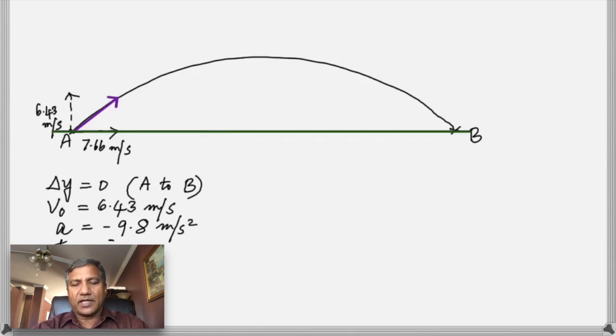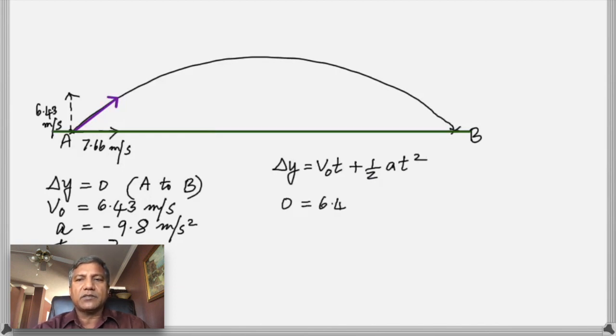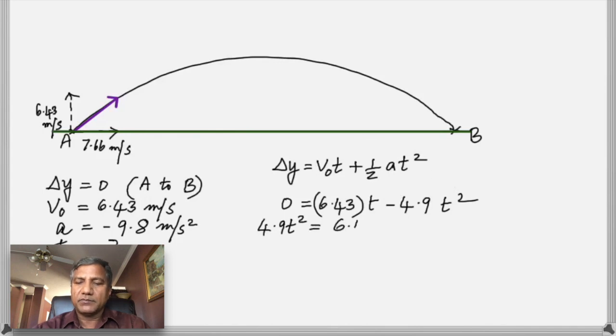So time, question mark, and we see that the equation to be used is delta y is v naught t plus 1/2 a t squared. When you substitute into that equation, you get 0 is 6.43 t minus 4.9 t squared. And you get minus 4.9 because 1/2 times 9.8 is 4.9.